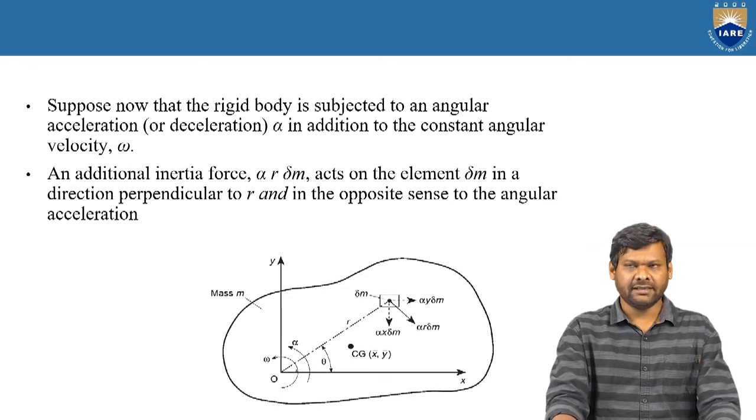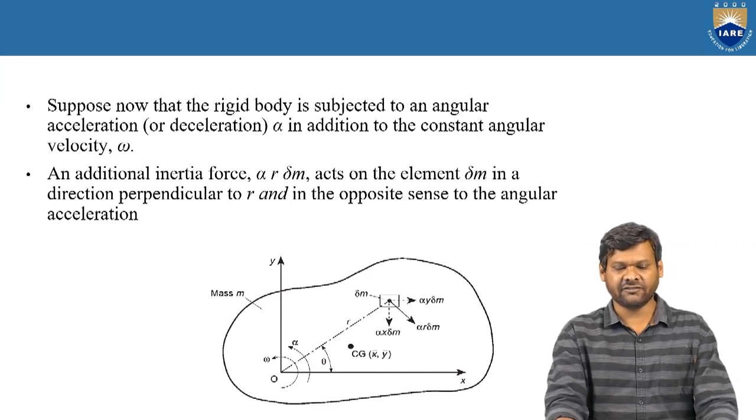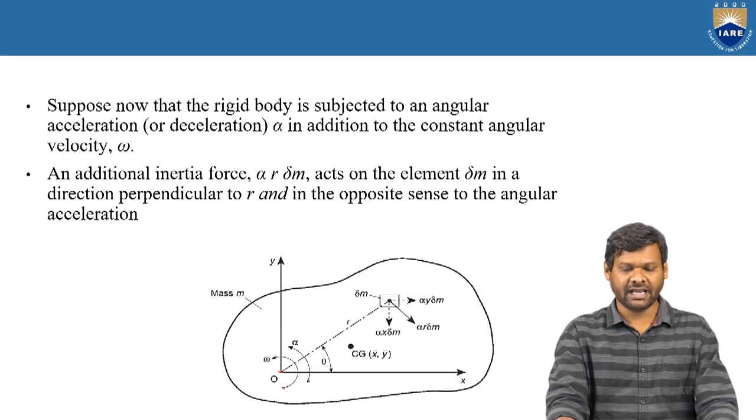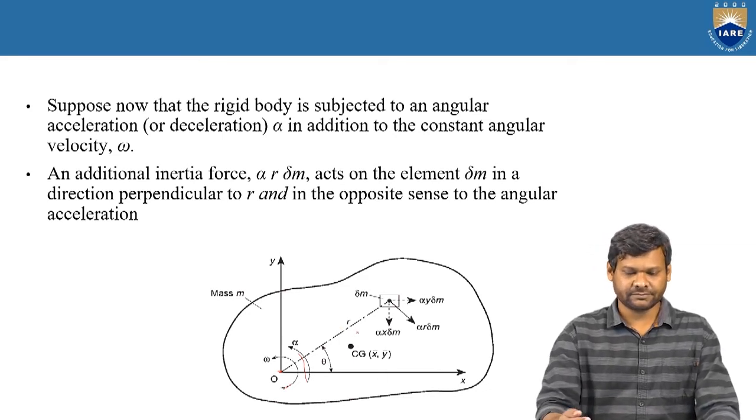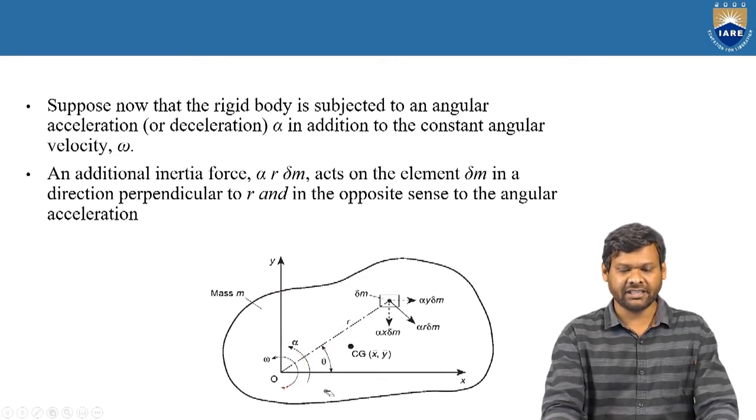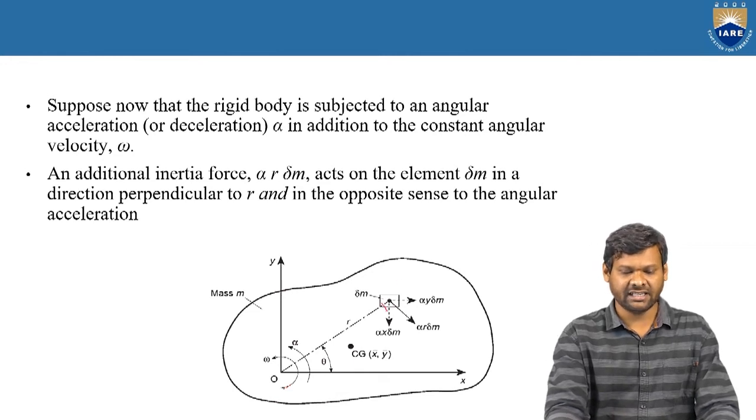Once again, this is a rigid body and this is the center of gravity, and the origin A is away from the center of gravity. We have an angular velocity of omega and an angular acceleration alpha. Theta is the angle from the x axis to the radius vector r, and you can see that this angle is 90 degrees.